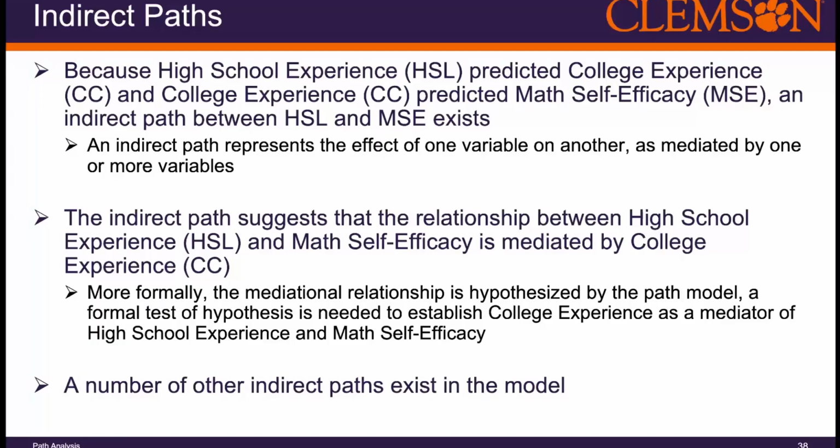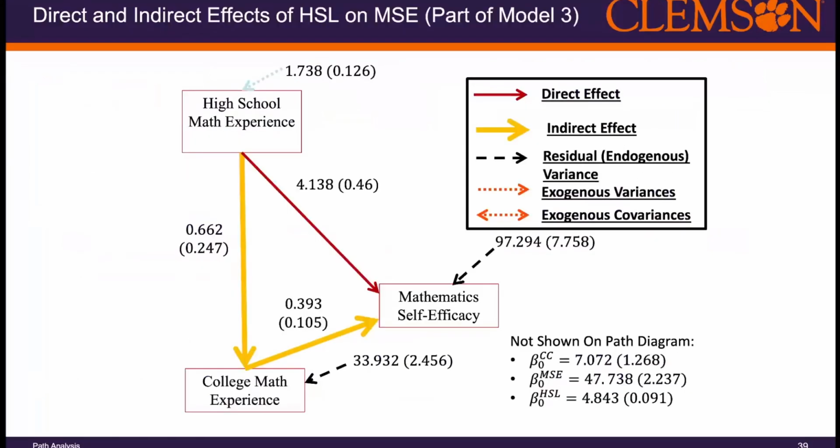There are a number of other indirect paths in the model itself, some of which may or may not be of interest to your research question. But let's just take a look at that 3-variable relationship here. We've got a direct effect of high school math experience on math self-efficacy, meaning for every 1 unit increase in high school math experience, math self-efficacy goes up 4.138 units.